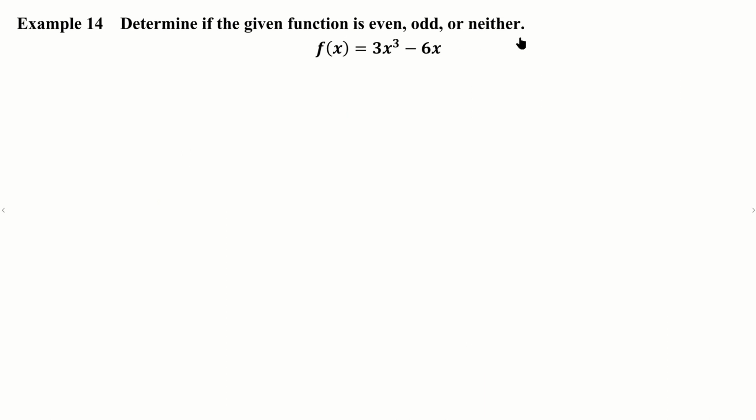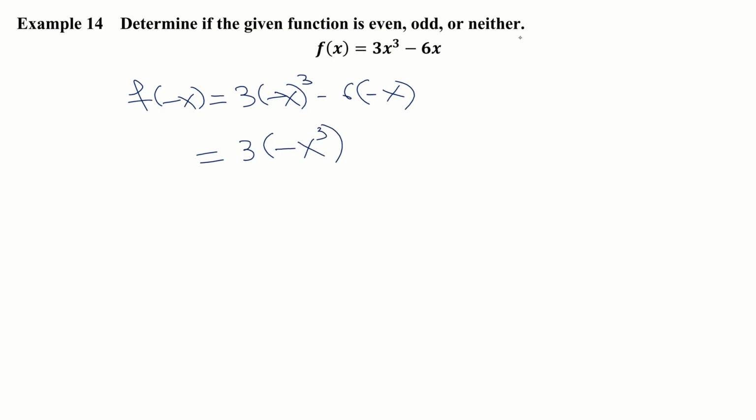Okay, how about this one? So let's take a look at f of negative x. So we get f of negative x equals 3 times quantity negative x cubed minus 6 times negative x, right? So that's 3 times negative x cubed plus 6x, which is negative 3x cubed plus 6x, right?